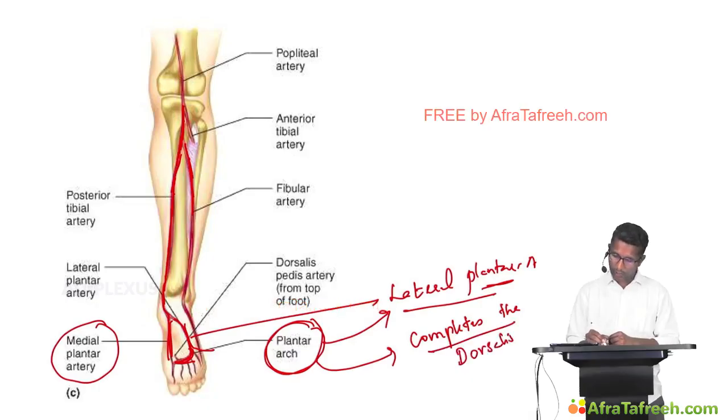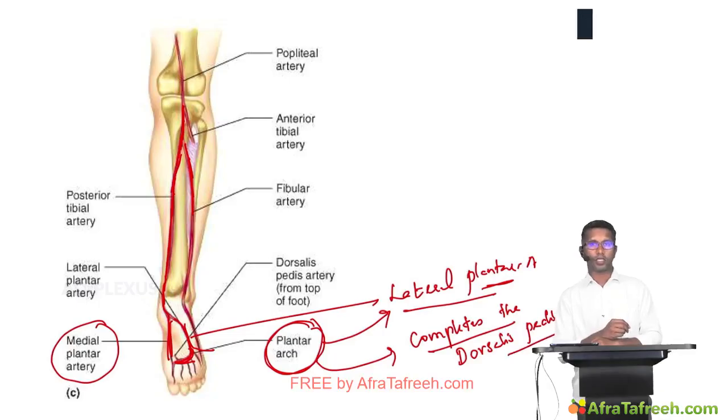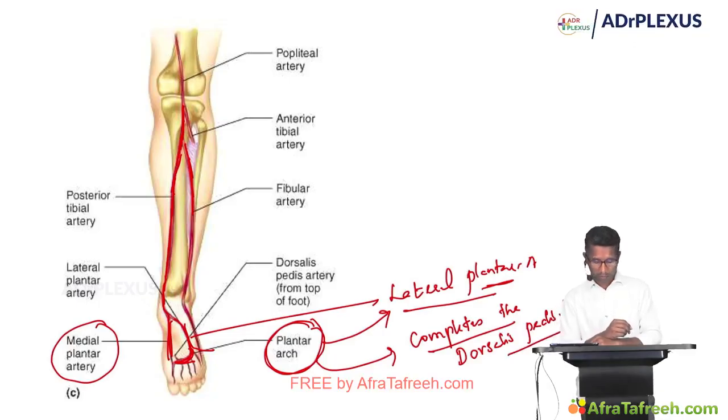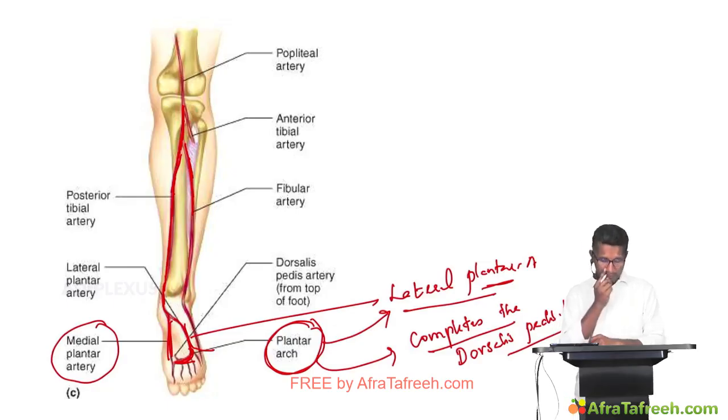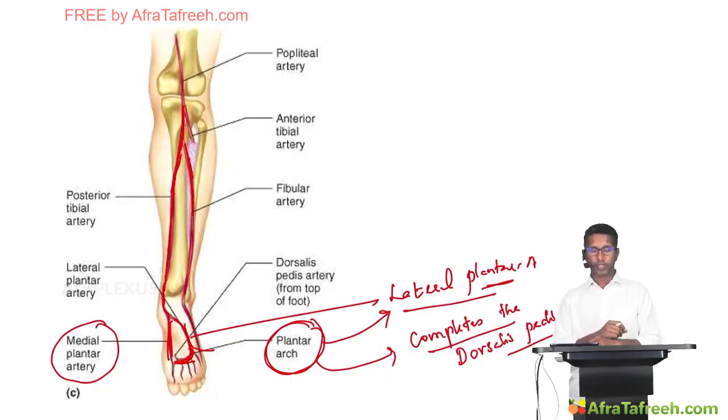Very good, Vinita. So in the foot, the tibial artery divides into the medial plantar artery and the lateral plantar artery, the lateral plantar artery forms a plantar arch, and this plantar arch is completed by the dorsalis pedis artery.